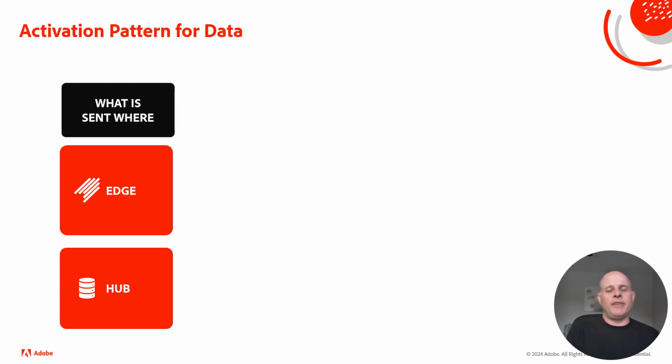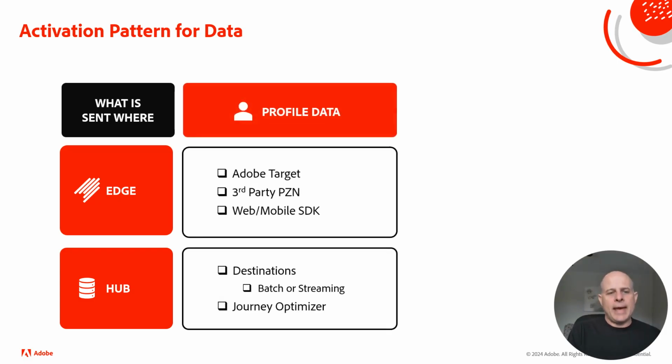Now for an activation, what we're seeing also is what gets sent where. And what we mean by that is when we look at the edge itself, the edge makes available, when data is sent in to it, profile data to Target, to custom personalization, to Web SDK. All of these basically can see the profile on the edge.